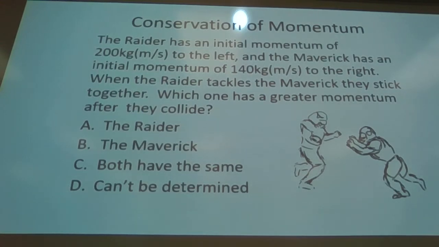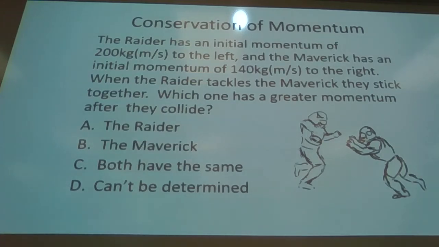We don't know the math. They have the same velocity, but we don't know the math. Oh, the one on the right looks a little bigger.